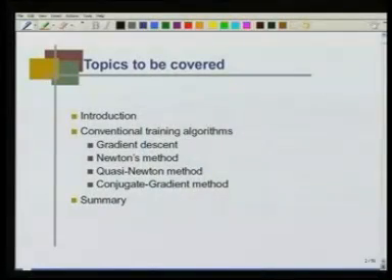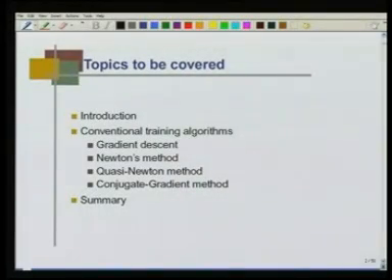So, topics that would be covered today would be conventional training algorithm, gradient descent that we have already been talking about, which is popularly known as back propagation algorithm for feed-forward networks, Newton's method, Quasi-Newton method, conjugate gradient method, and these methods would be compared with our schemes also that we proposed last time.